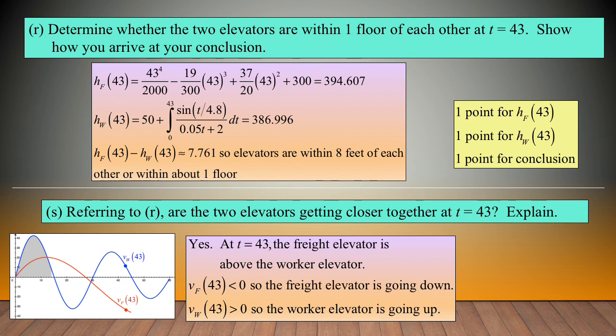You need to do this by trial and error, looking at values around t is equal to 43. For this problem, there are 2 points, one for the conclusion that the elevators are getting closer together and 1 point for the explanation. If there is no explanation, then no points are awarded.